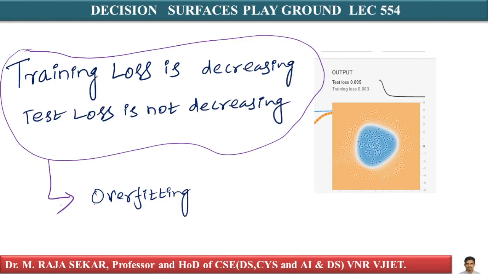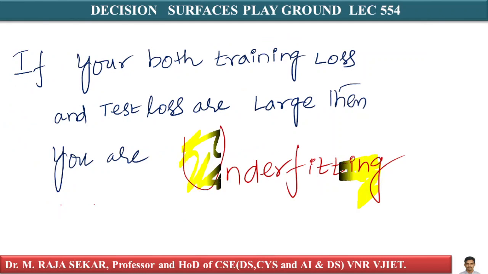That implies you are overfitting. If both the training loss and the test loss are large, that implies you are underfitting, isn't it?